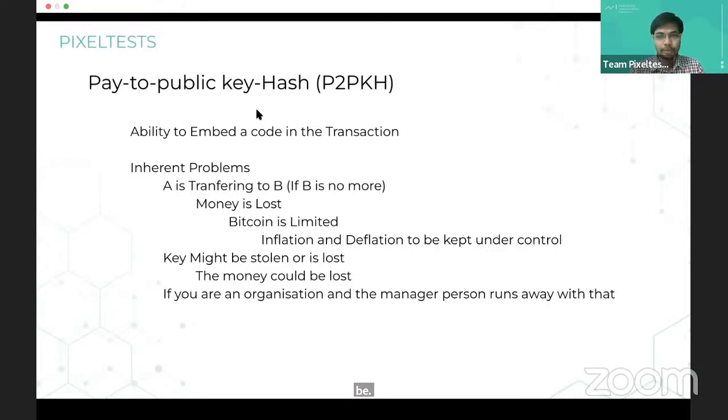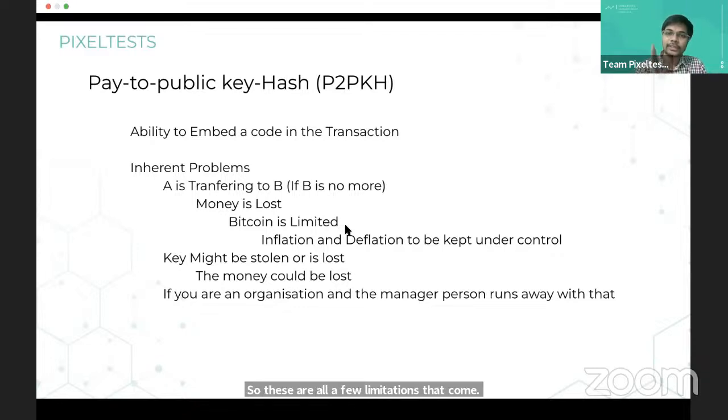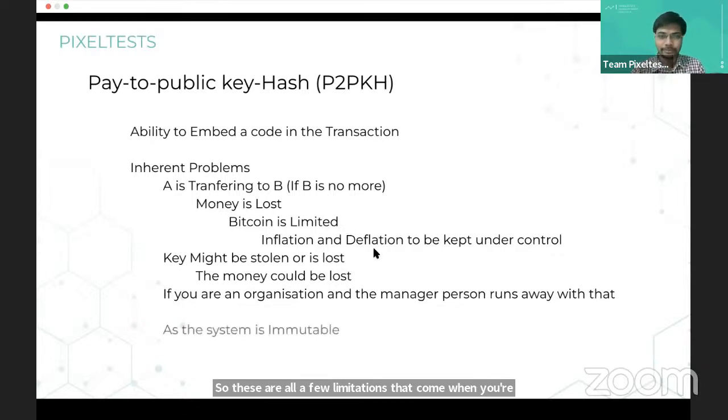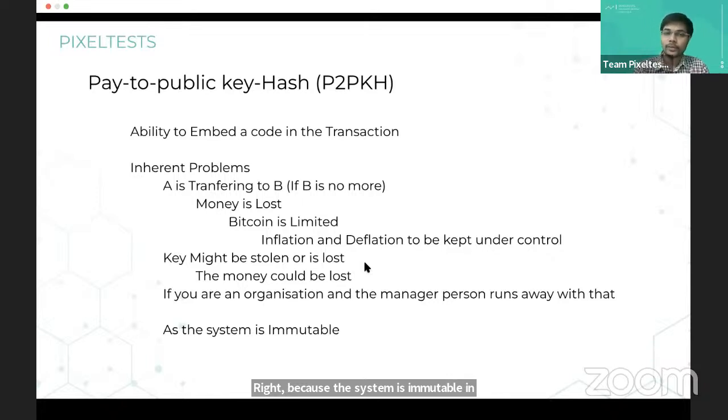So that's also a problem. These are a few limitations when you send money to the public key hash of one person. Because the system is immutable, you cannot make edits. Whatever is sent is sent. So if you've understood the limitations of sending money to a public key hash, type C in the chat box.